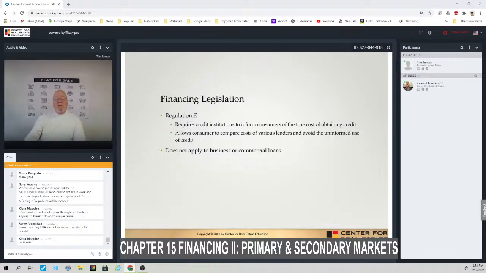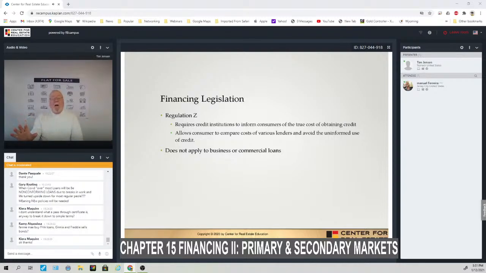So under Regulation Z, it requires credit institutions to inform consumers of the true cost of obtaining credit. You must give them all the parameters, all the disclosure of what you're actually paying for, how much you're paying, the total amount of payments, everything you're paying back. So it allows the consumer to compare costs of various lenders and avoid the uninformed use of credit.